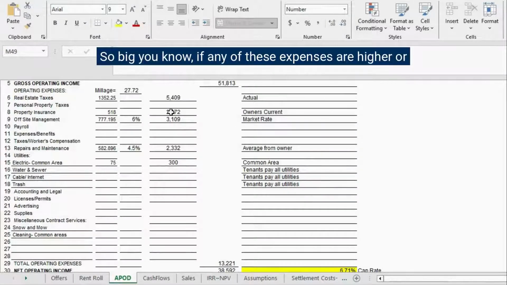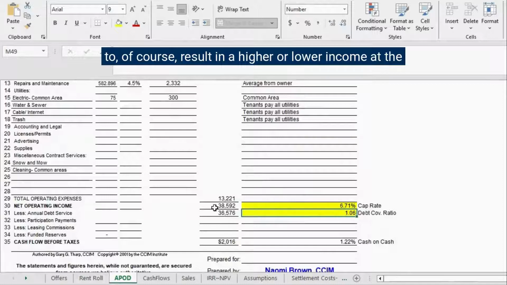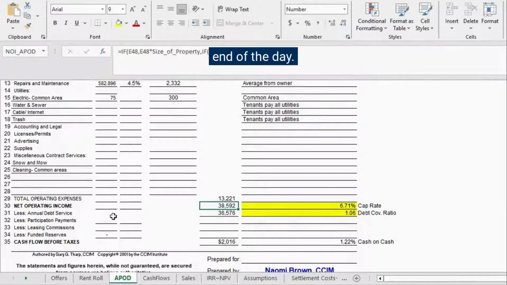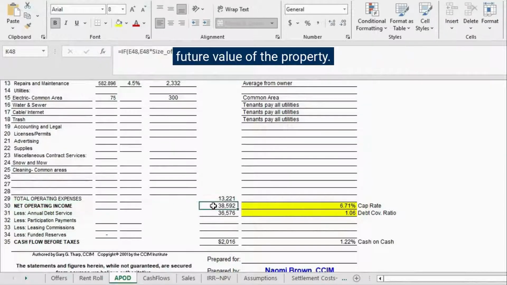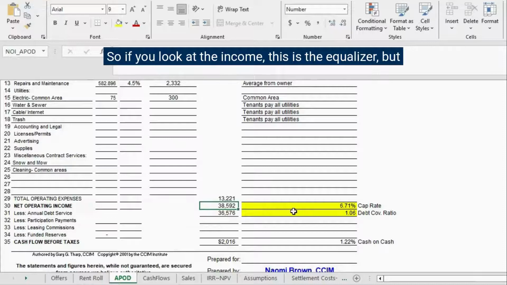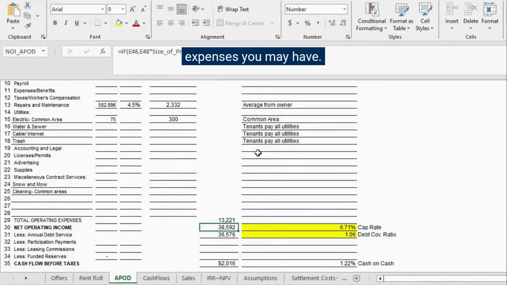So if any of these expenses are higher or lower on one property versus the other, then that's going to, of course, result in a higher or lower income at the end of the day. So investors are buying the income and, of course, the future value of the property. So the income is the equalizer, but then you also have to take into account what other expenses you may have.